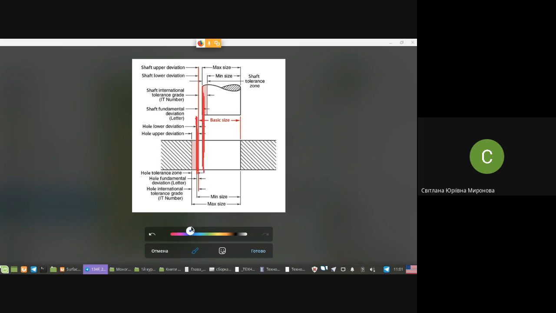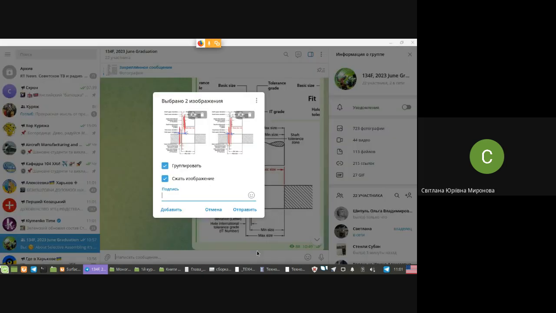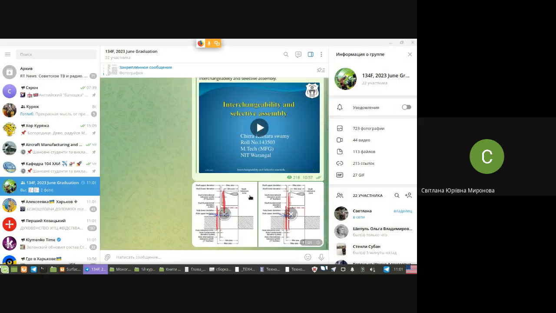What is the possible clearance? Like that. And what do we see, my dear gentlemen? Now I hope you see clearly in front of you on the screen. The clearance may be starting from this to that.